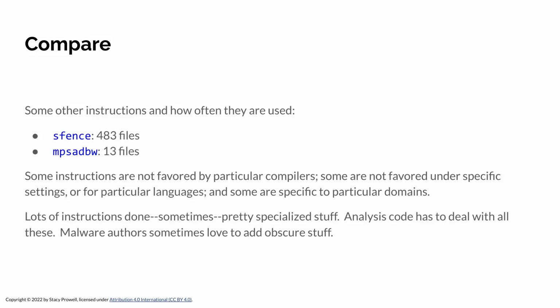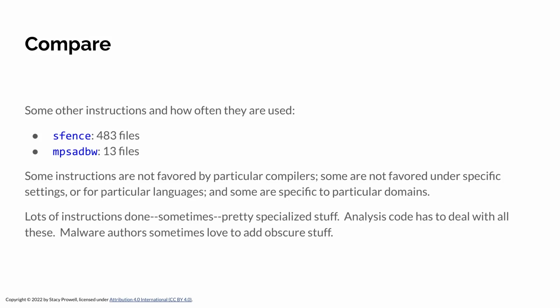Some other instructions that we might consider. sfence is one that's basically a memory protection one. MPSADBW is one of my favorite ones. Just because, mnemonics are supposed to help you remember stuff, that does nothing for me. The point of this is some instructions are more favored by particular compilers, some are not favored.